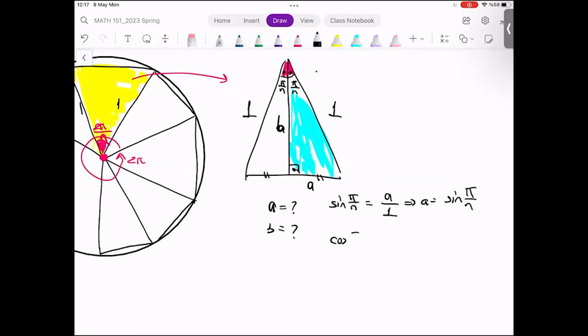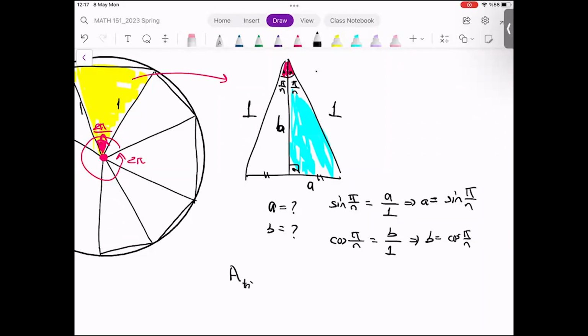Similarly, what is cosine pi over n? This time it is adjacent edge divided by hypotenuse. So you see, you computed the value of B like this, cosine pi over n. Okay, we have A, we have B. That's why we can easily compute the area of this triangle now.